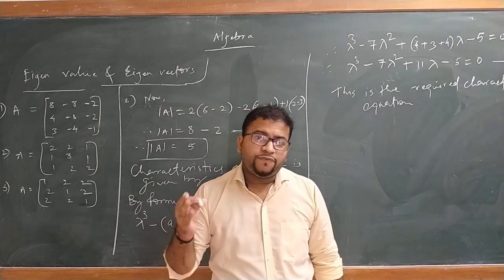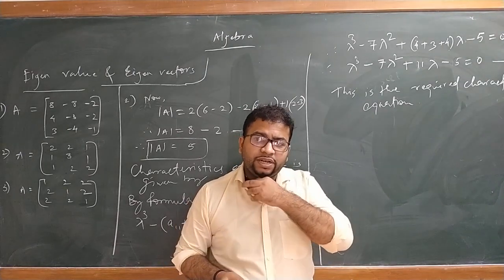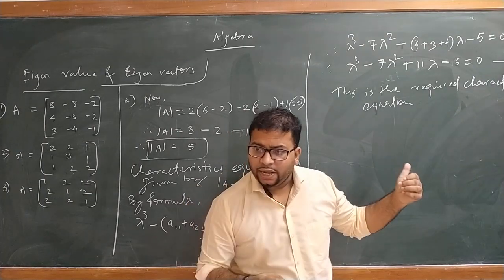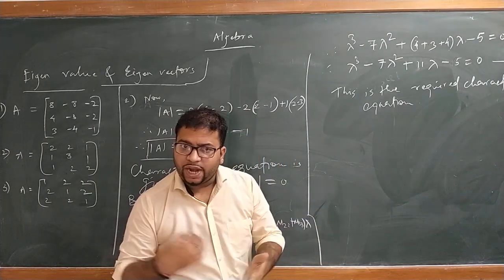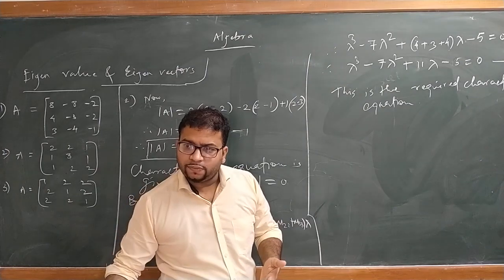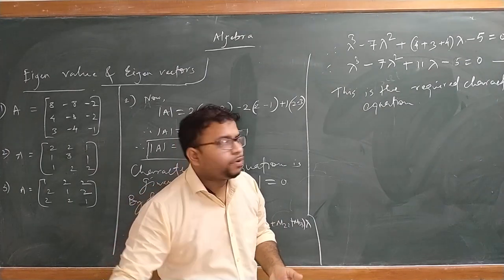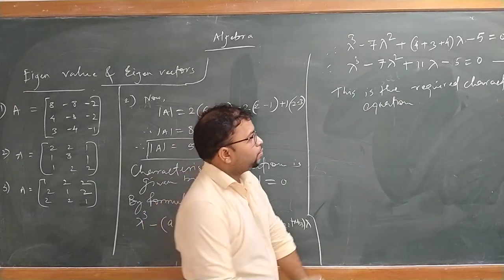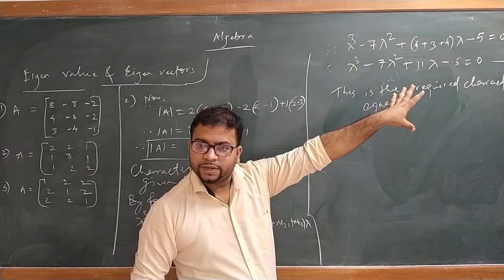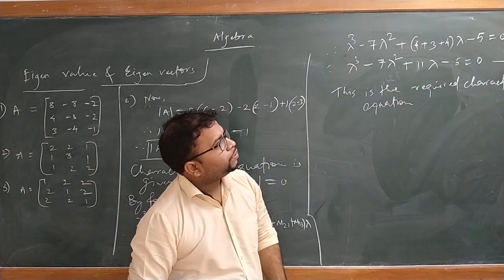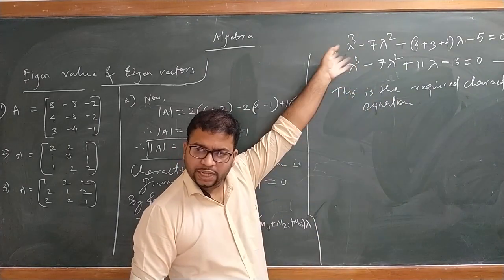Before going for that trial and error method, I should know which roots to use. Whether I use lambda equal to 1, 2, 3, 4, 5, 6, or even negative values, a guess should be there. If I put lambda equal to 1, the answer will be 0.